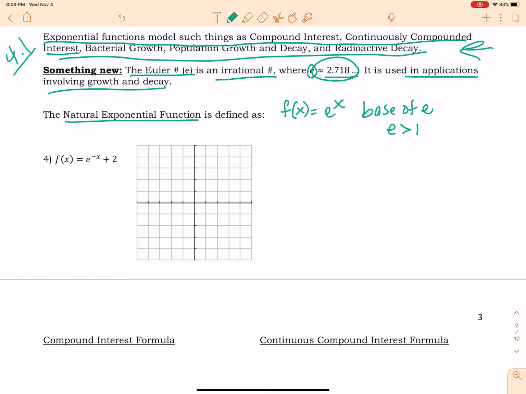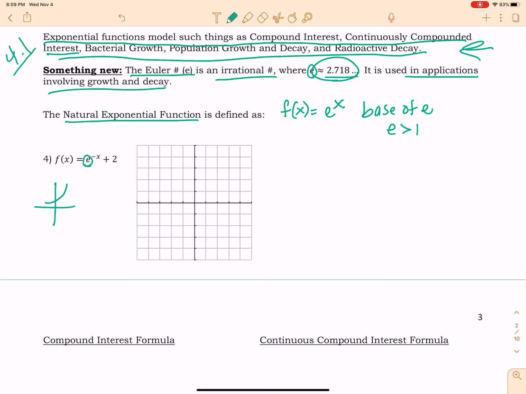So if we're going to graph it, I have to think of e as a base greater than 1. That means it increases to the right, because remember, I told you that in the very first video.